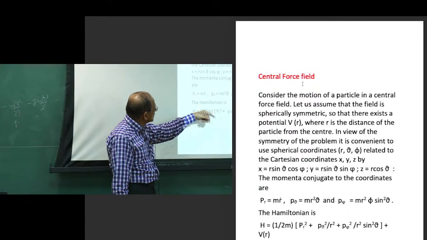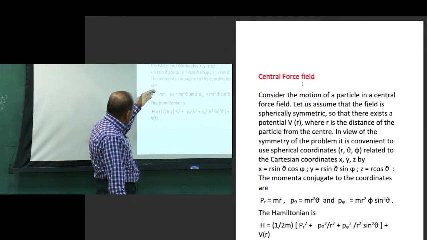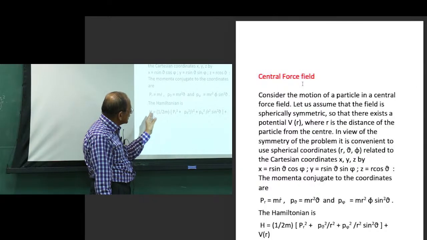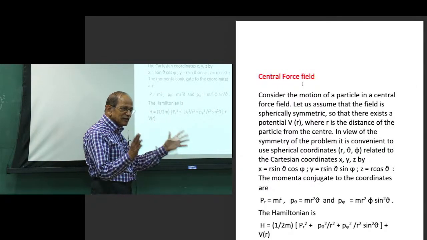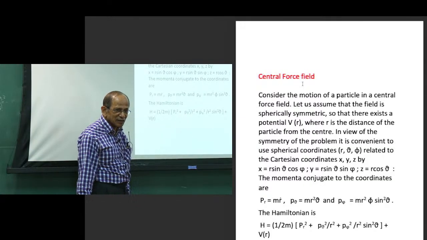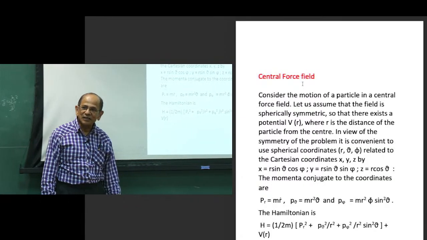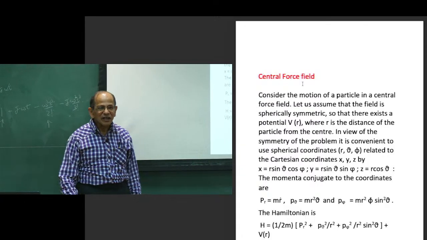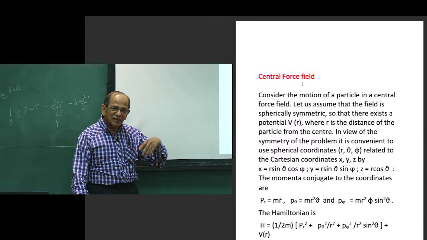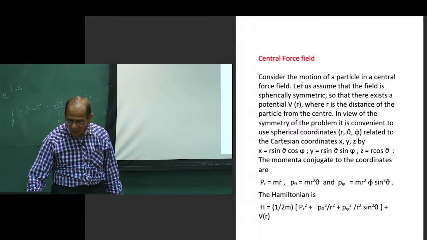Now, notice that if you use them and write the Hamiltonian, kinetic energy plus potential energy, that is the total energy, you will notice that this is independent of phi. If it is independent of phi, that will naturally mean that if you write the equation for P phi, it will lead to a constant. Okay.